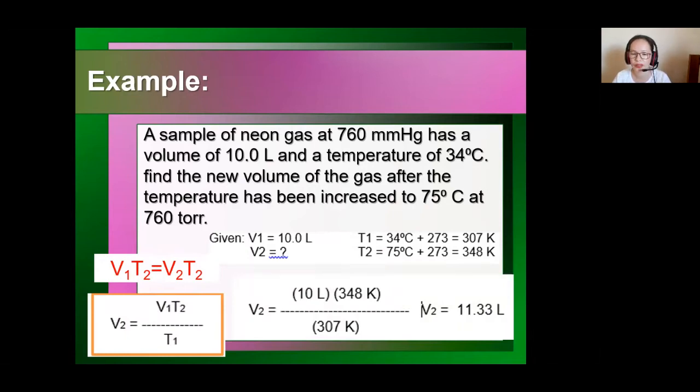We expect that in this problem, the volume will increase. From 10, it's now 11.33. Why is that so? Because the temperature increases from 307 to 348. Therefore, the volume will also increase from 10 to 11.33.